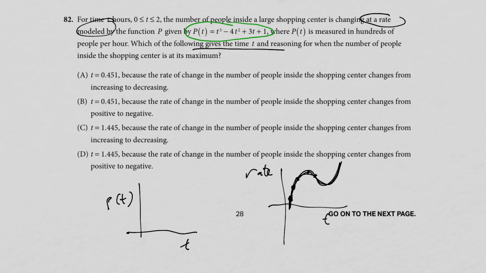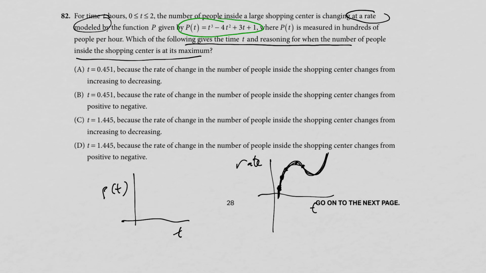So which of the following gives the reasoning for when the people inside are at the maximum? Okay, I got confused because I did not actually graph it on the graphing calculator, but now I did, and the graph looks something like this.